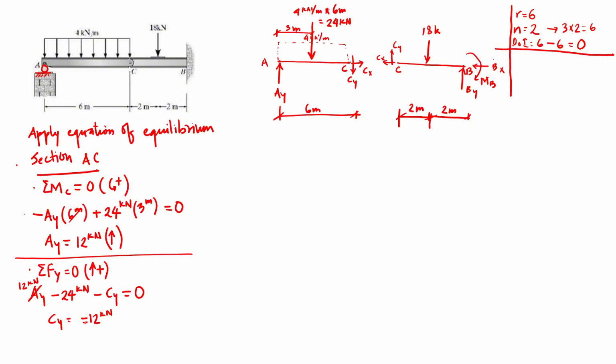The negative indicates that we assumed CY to be vertically downwards, but it is actually with the same magnitude, 12 kilonewtons, vertically upward. Now we have two options: either continue to carry over this negative towards further calculations and keep this direction vertically downwards, but it would be easier if you correct it right away once we know.